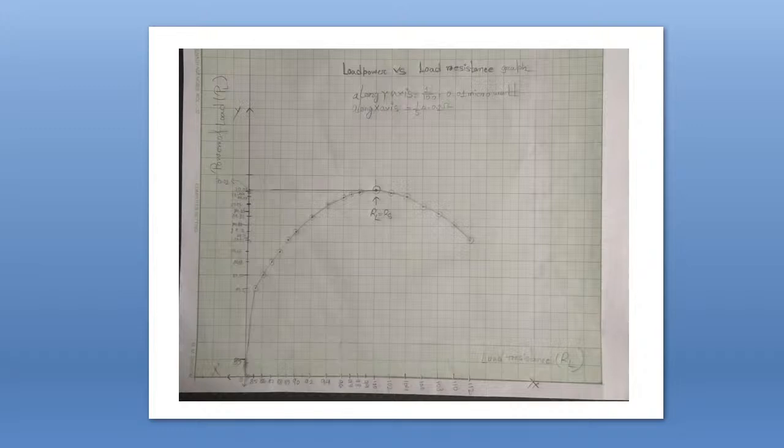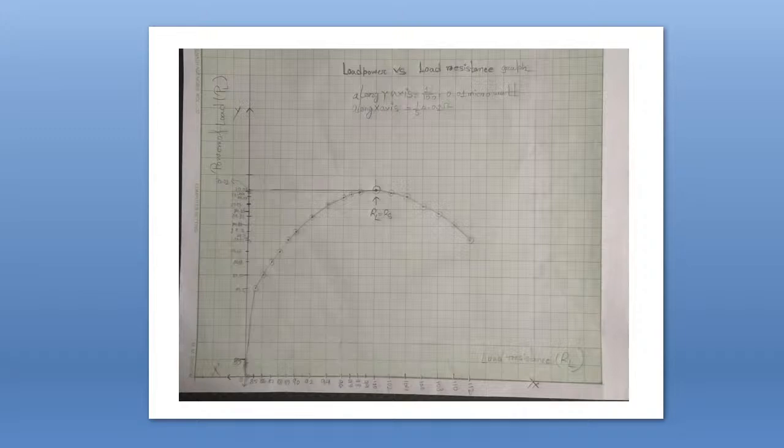In this case, this student has considered the value of the small unit along the x-axis as 0.02 ohm, and along the y-axis as 0.01 microwatt. These two points are very important to draw the graph of load power versus load resistance.